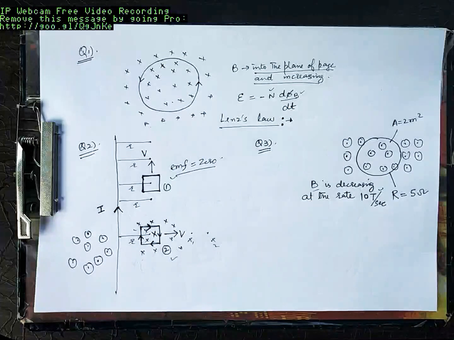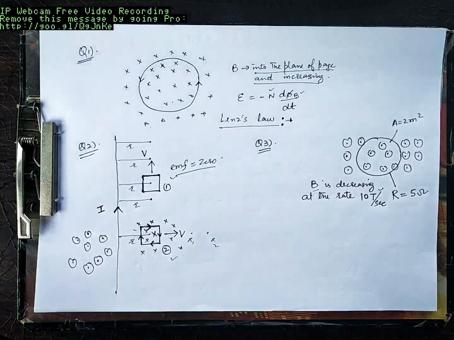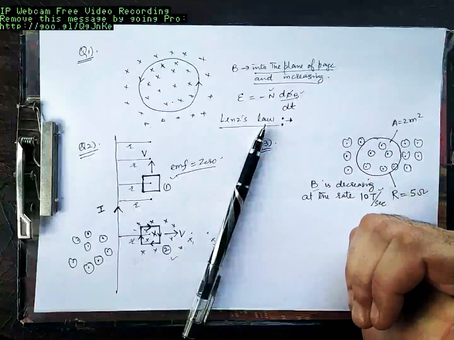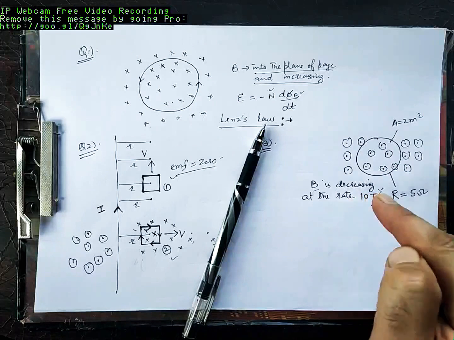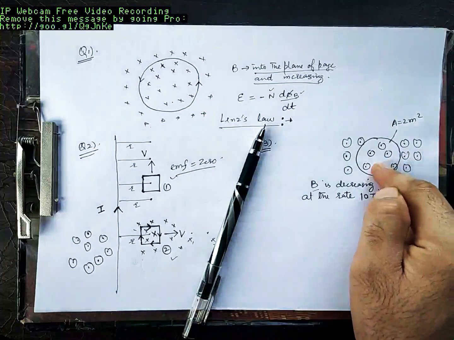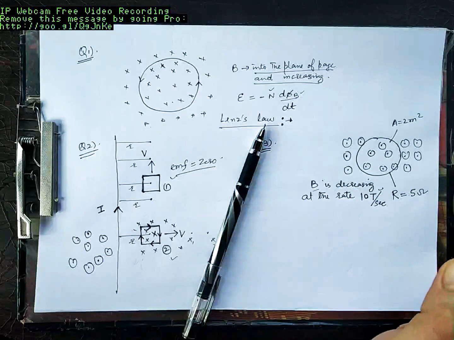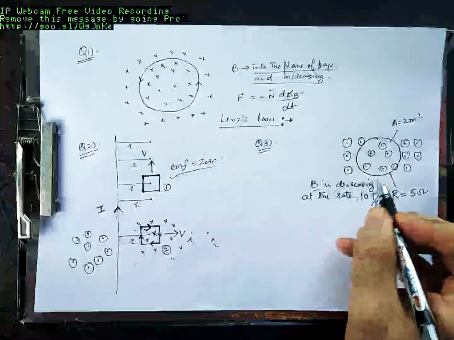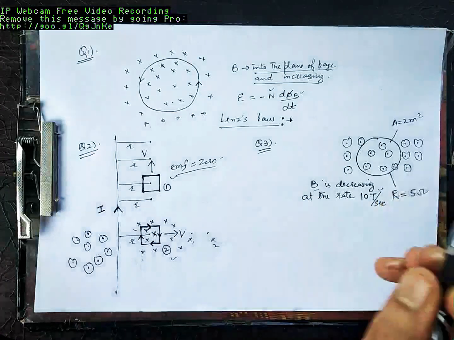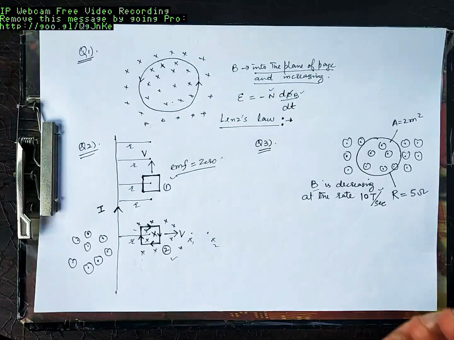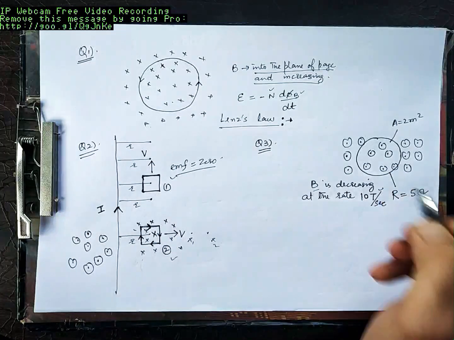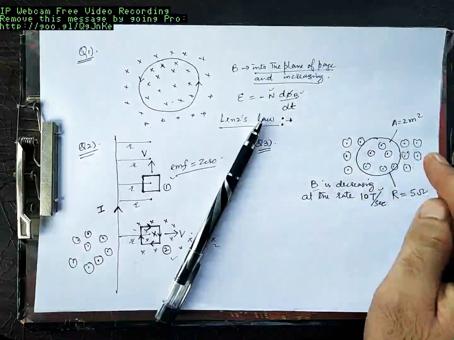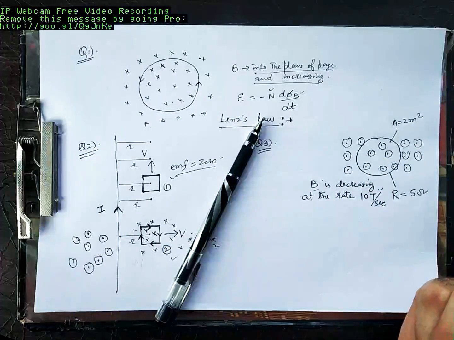First, let me tell you the direction of the current. Flux here is out of the plane of the page, but that flux is decreasing. Current should be such that flux out of the plane of the page should increase. You're getting me or not? We want the current to flow such that it produces a flux out of the plane of the page to compensate the decrease.